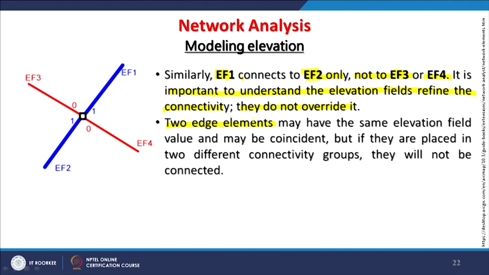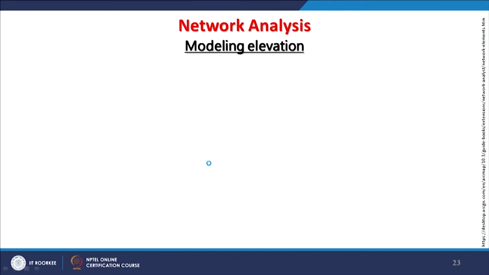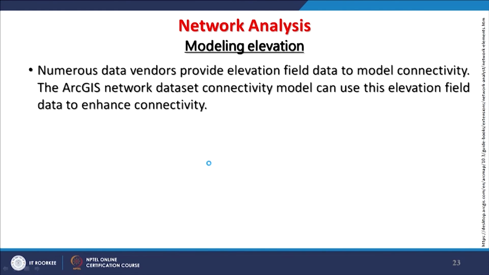So, two edge elements here, like these red and blue lines, may have the same elevation field values and may be coincident, but if they are placed in two different connectivity groups, they will not be connected also. So, even if they are at the same elevation but not connected, then they are not connected, so simple.